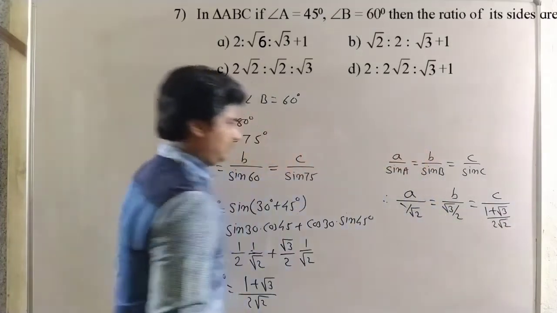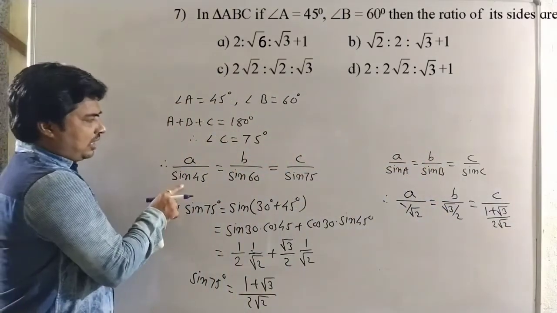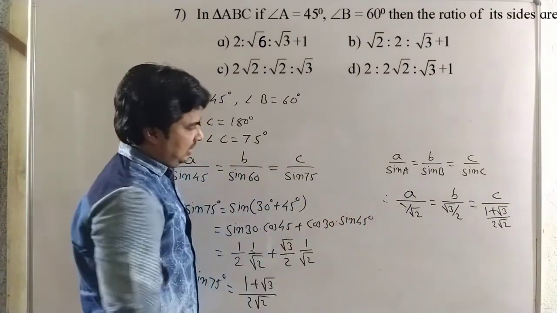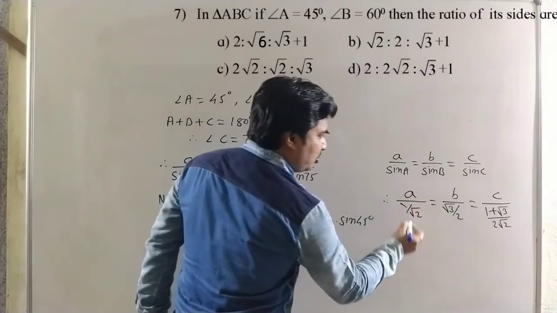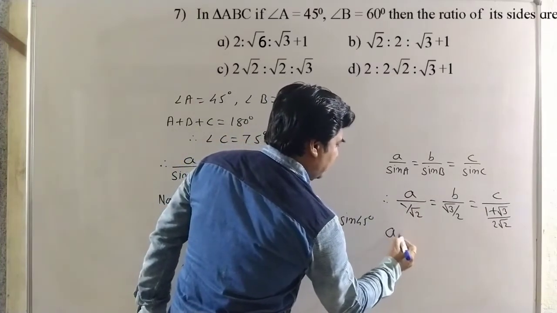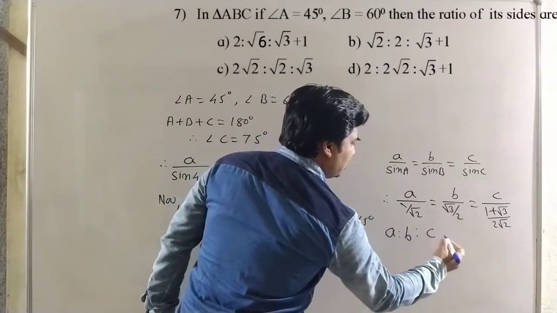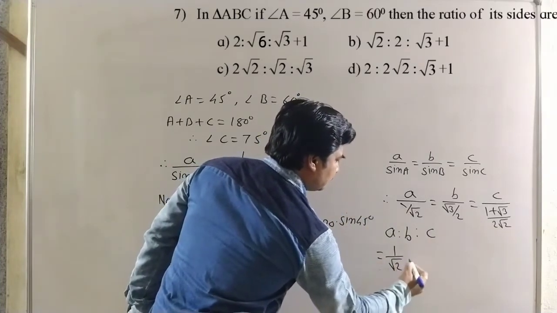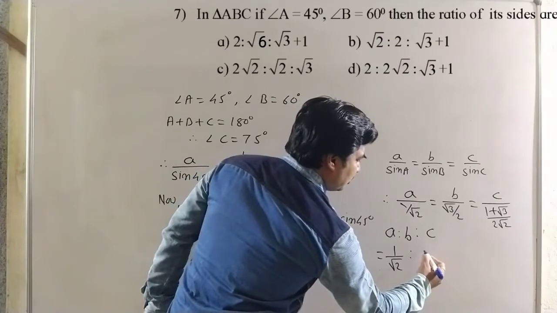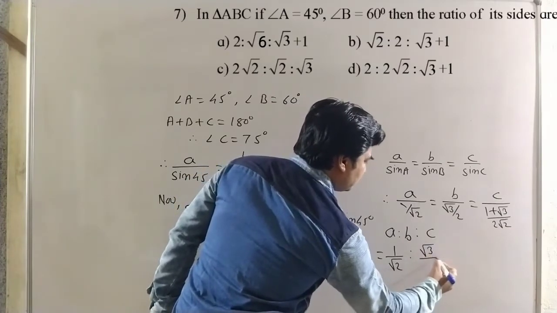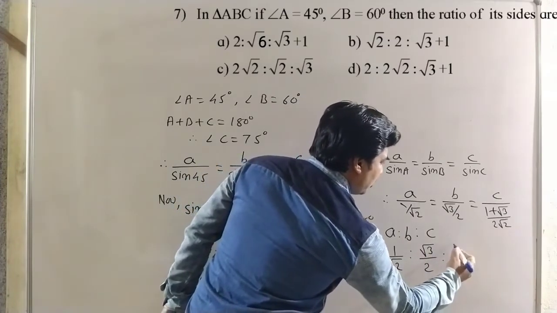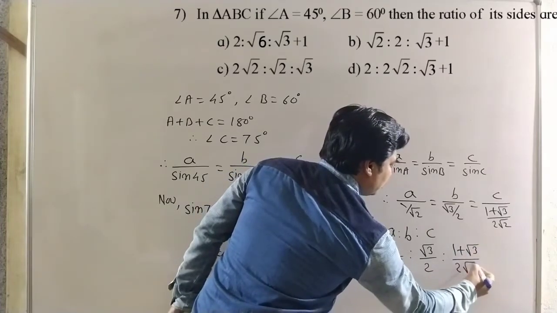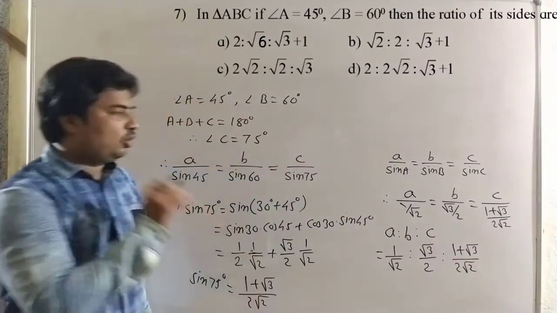See carefully this: a upon sine 45, b upon sine 60 and c upon sine 75. Then the ratio of these sides, a is to b is to c, is equal to 1 by under root 2 is to root 3 by 2 is to 1 plus under root 3 upon 2 root 2. See carefully, it is the ratio of its sides.